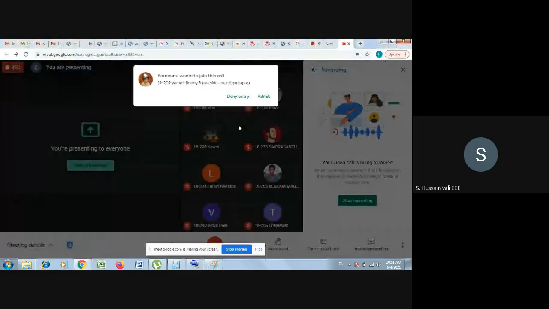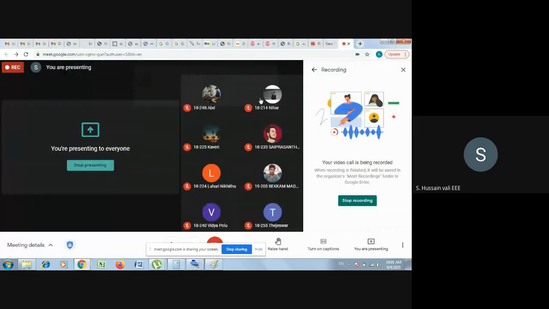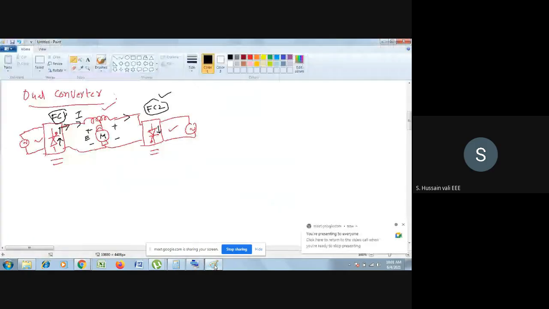But in a full converter there is another option: if the firing angle alpha is greater than 90, the voltage becomes negative, as we have seen.